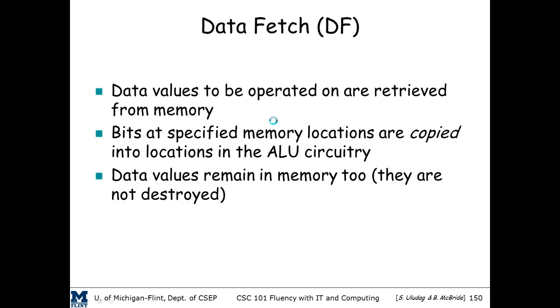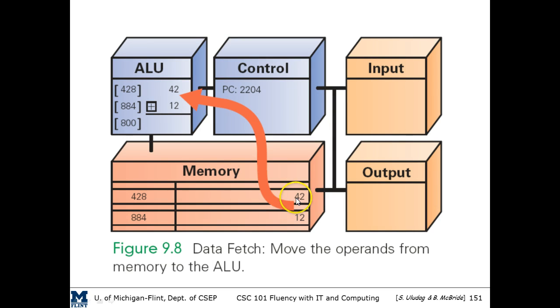Next, the bits that represent the data to be added together are actually read or copied, because none of the data is actually destroyed when we read it. And the bits then are loaded into the ALU circuitry that is going to be used to add. So the 42 in this case is read from the memory location 428.